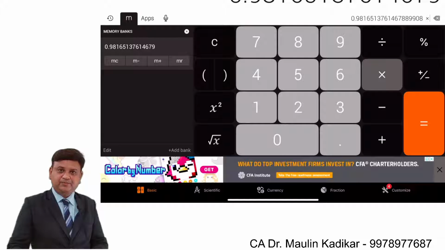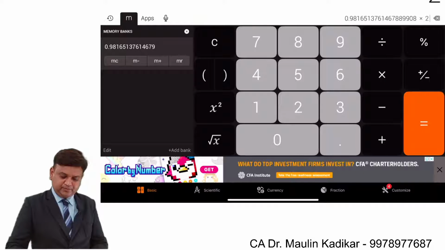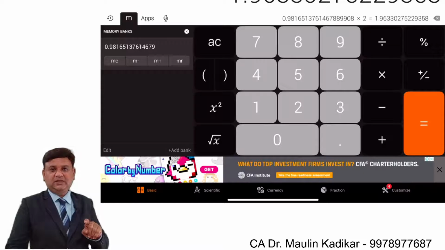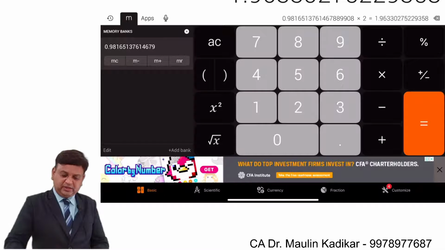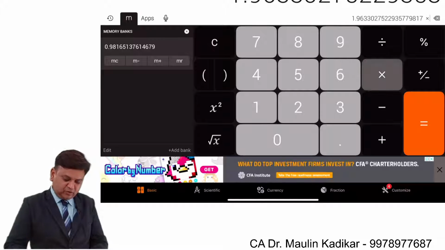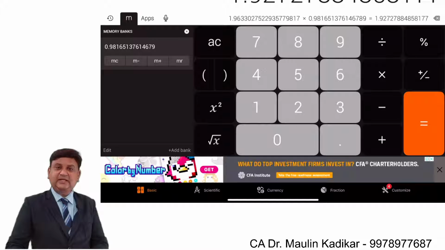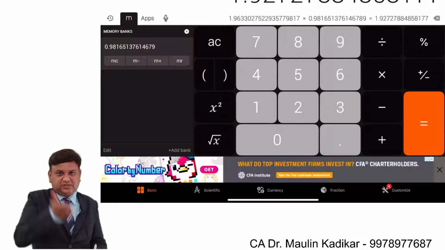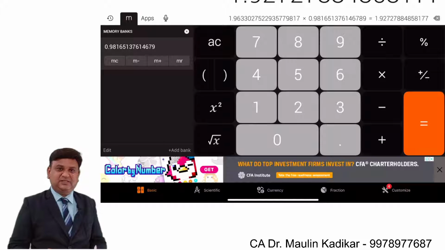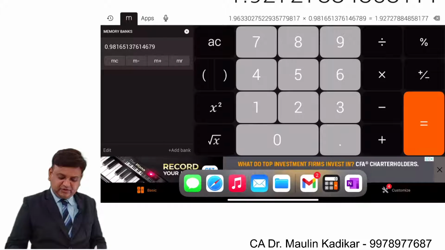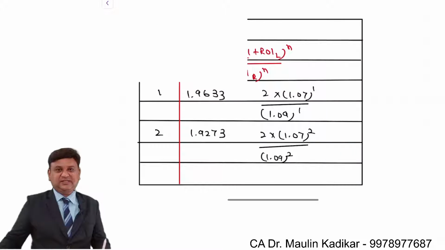Now multiply by 2. You'll get the first year exchange rate 1.9633. Then you don't have to do anything else. Memory recall equals, and you'll get the second year rate. That is the way you will be able to find the rates. Why? Because the rate will depreciate at a constant rate on a yearly basis. So this is the way you can make the computation of the exchange rate.